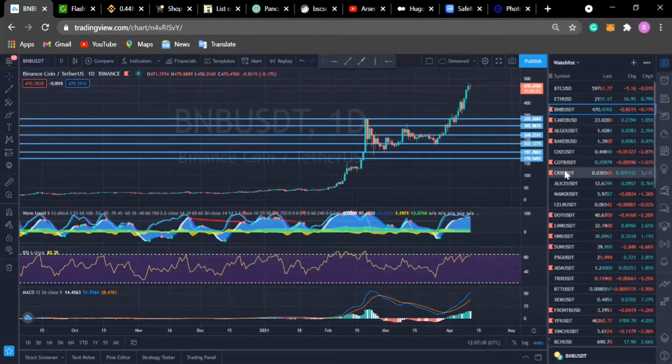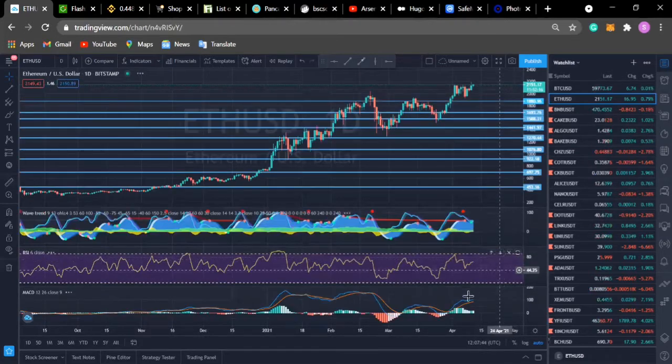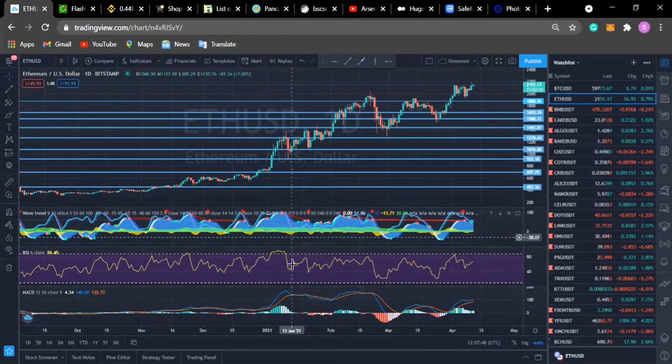Now, let me see another chart, Ethereum, still the same thing. You can see on the daily when Ethereum dropped down to this level, when I saw the MACD at this level, I was like, yes, this is it. This is it.